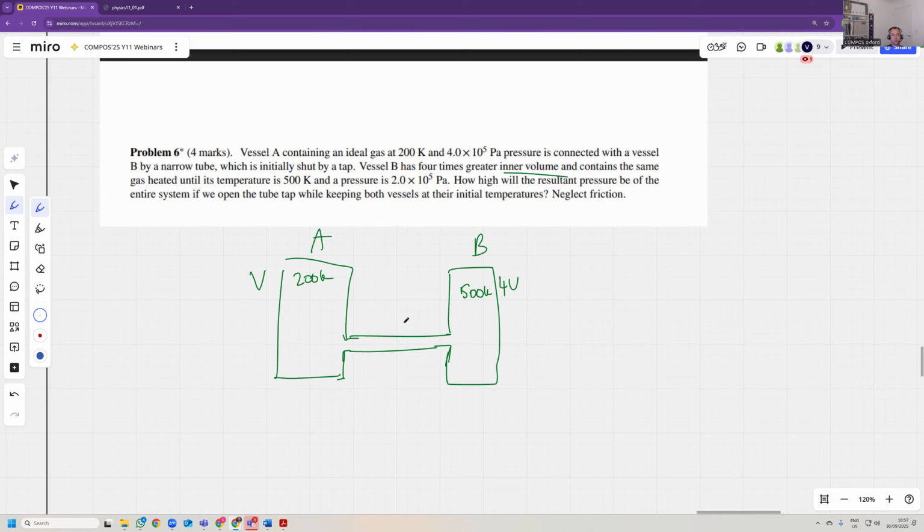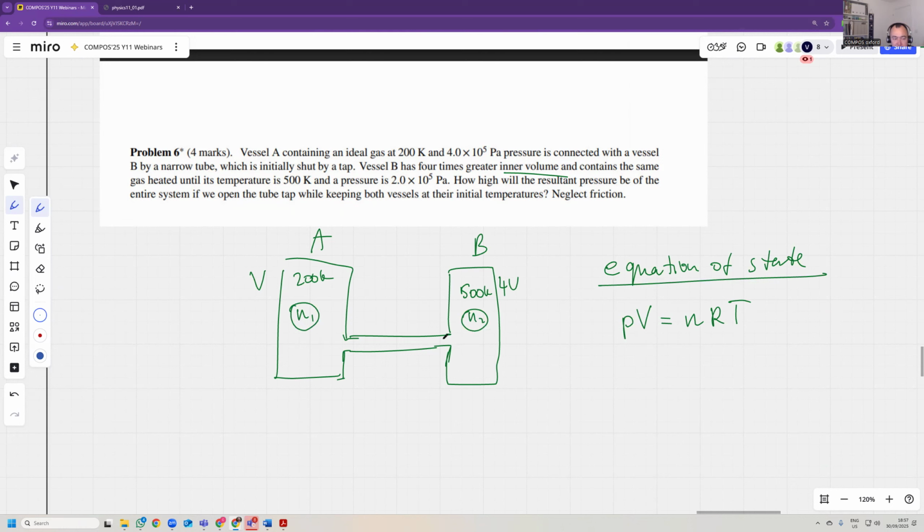Well, you'll need to calculate how much gas there will be. So you need to use the equation of state. The equation of state is PV equals nRT, where n is the number of moles. So we know pressure, we know volume, we know temperature. So we need to find n1 and n2.